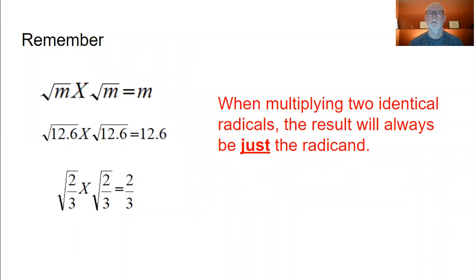A good thing to remember here, when multiplying two identical radicals, the result will always be just the radicand. In other words, root m times root m is the same as m. Root 12.6 times root 12.6 is equal to 12.6. And there's one more example there, but I think you get the picture.